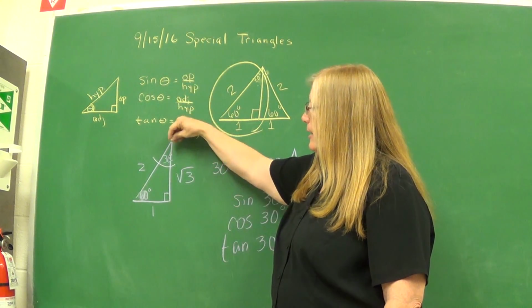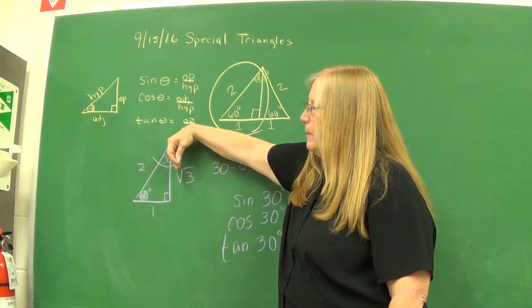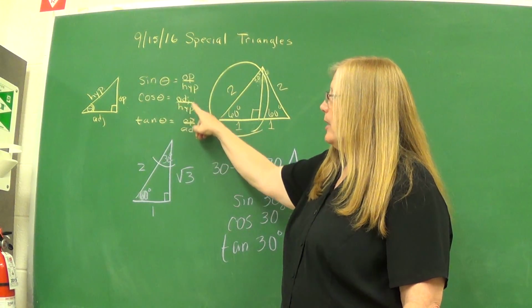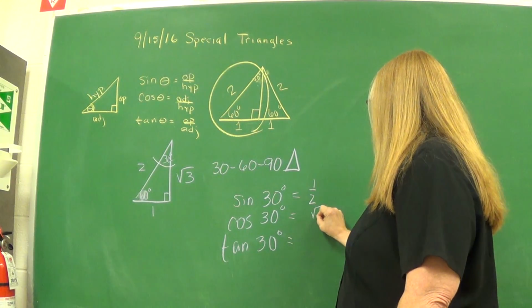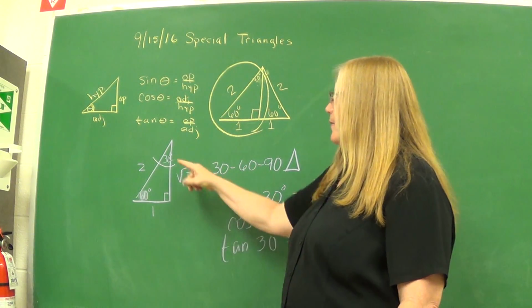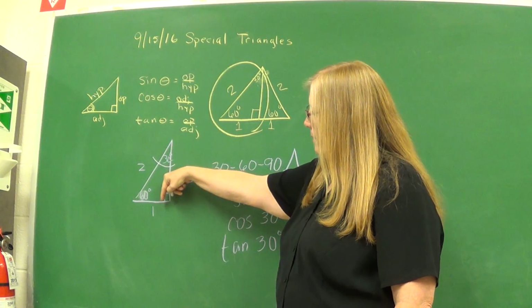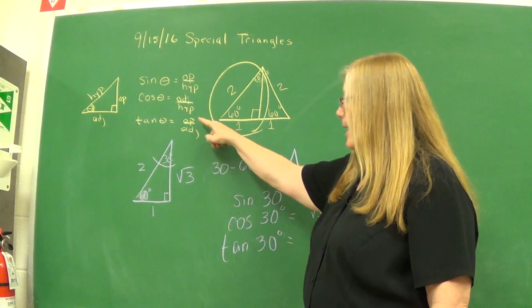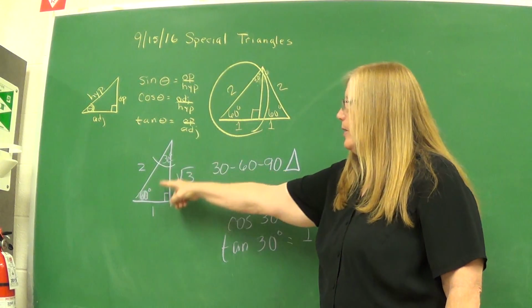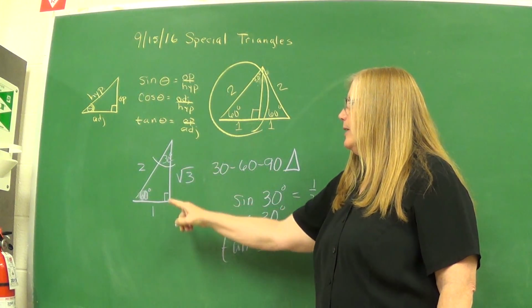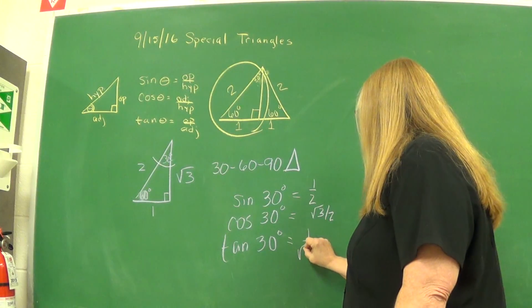We want the side adjacent, not the hypotenuse, but the other side. Cosine is square root of 3 over hypotenuse 2. And tangent of 30 is opposite over adjacent. 1 is across from 30, side opposite, and adjacent is square root of 3.